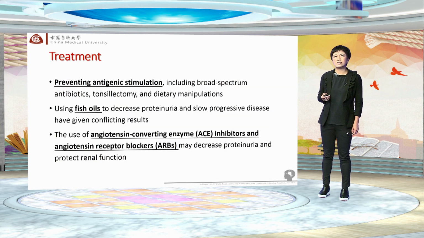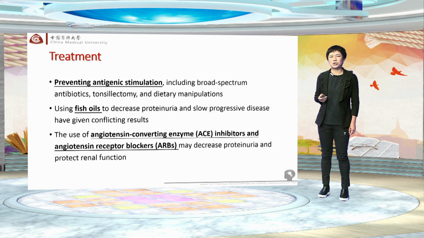The pathogenesis of IgA nephropathy may involve abnormal antigenic stimulation of mucosal IgA production and subsequent immune complex deposition in the glomeruli.